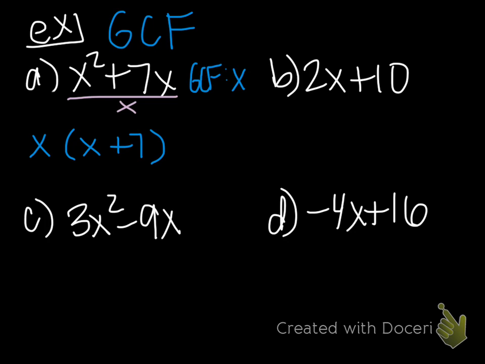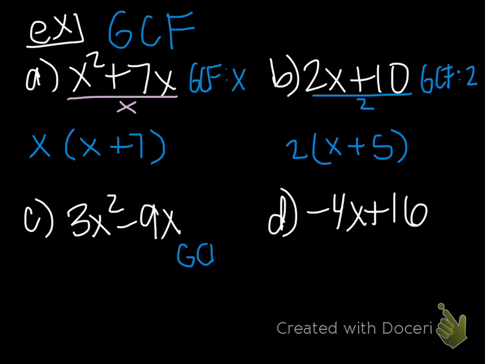Letter B, my GCF, is going to be a numerical value, and this time they're both divisible by 2. So that's my GCF. And again, if I need a little visual, I'm dividing both of these terms by 2. When I do that, I'm left with x plus 5. For letter C, my GCF is going to be 3x, so sometimes it's a number and a variable.